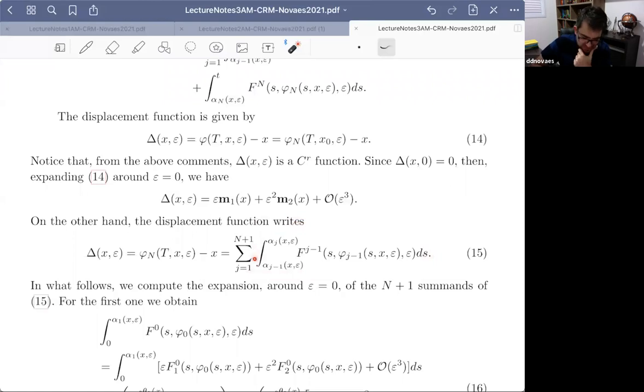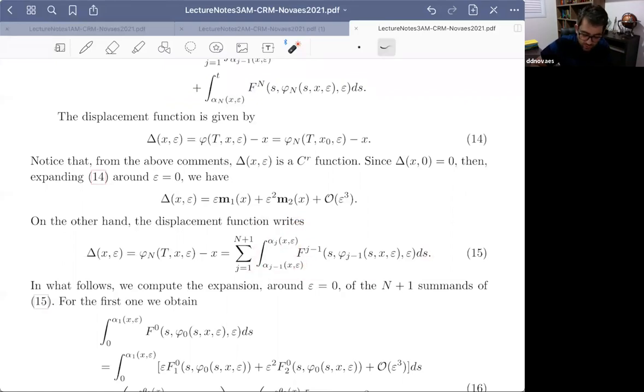Note the difference between this case and the case when the discontinuity happens only at the time variable. If the discontinuity happens only at the time variable, then the extrema of the integral do not vary according to epsilon. It's always constant.